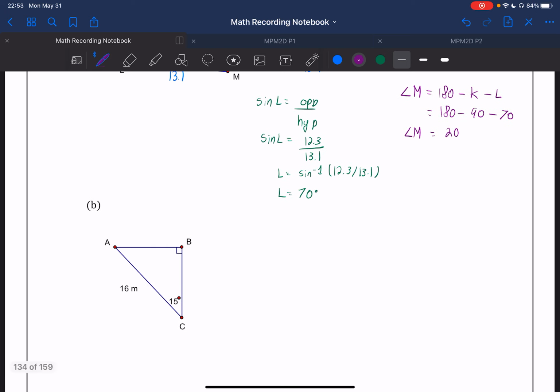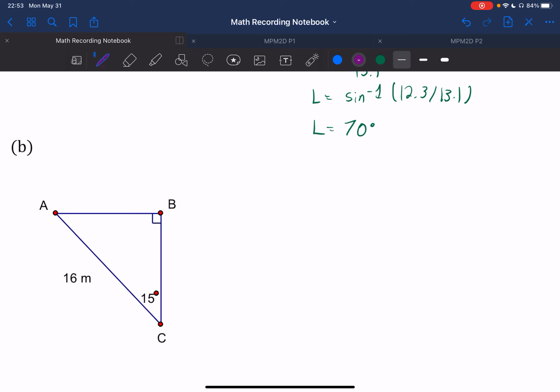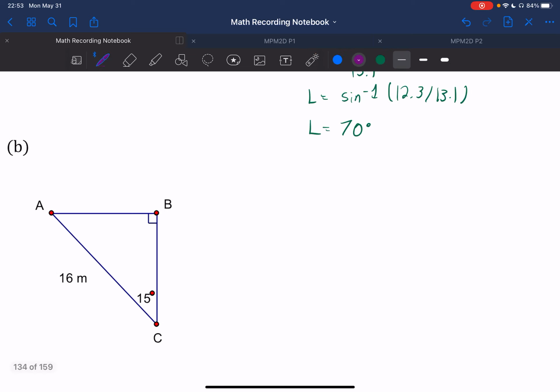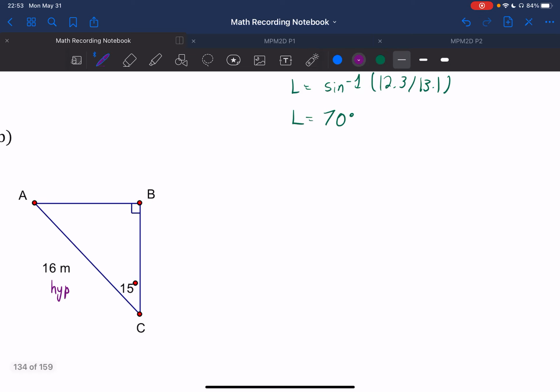Let's look at another one here. Right now, we have what the hypotenuse is. That one's always going to be the hypotenuse, so we can write that right in. And we have two angles, the 90 degree and the 15 degree. So straight off the bat, we can solve for angle A. So angle A is equal to 180 minus 90 minus 15.